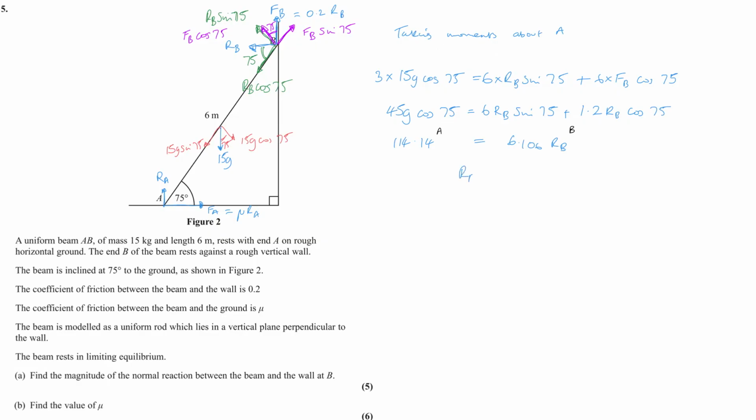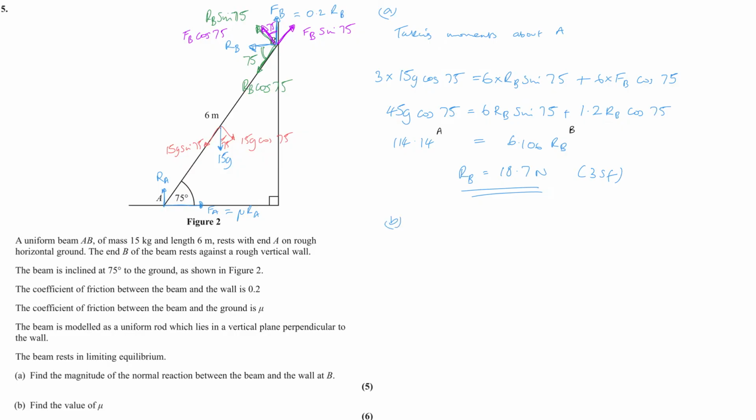So now RB is going to be A divided by B, so it's going to be 18.7 newtons. It doesn't say what to round to, so 3 significant figures, 1 decimal place, however you want to do it. Okay, so that's all part A.